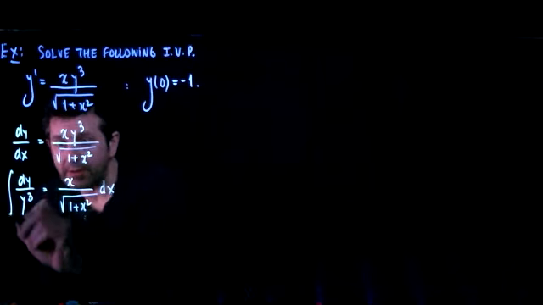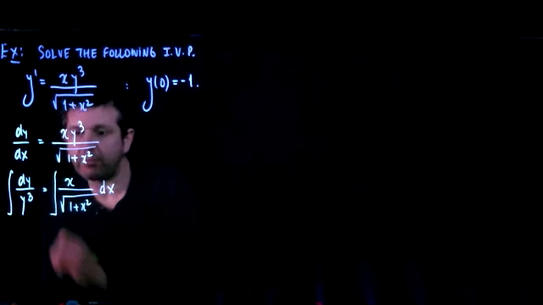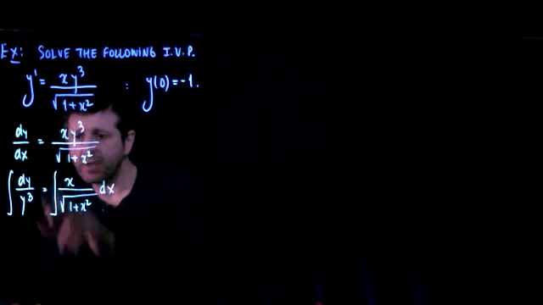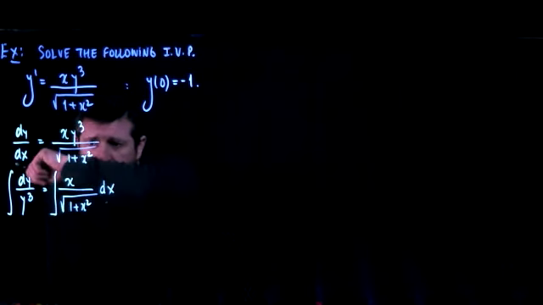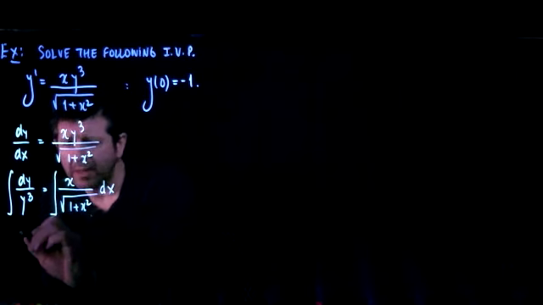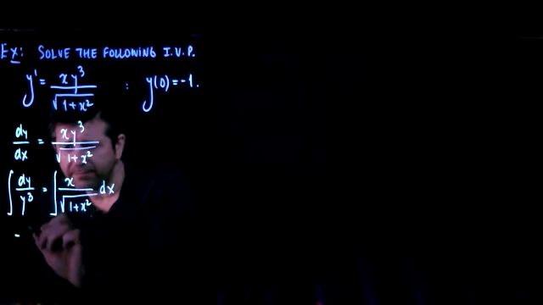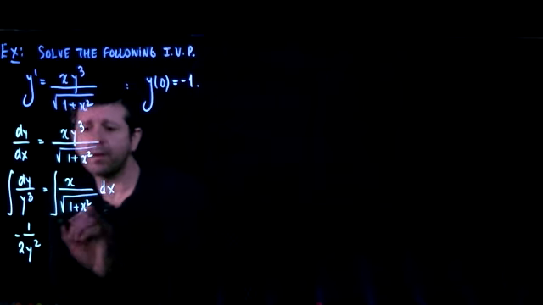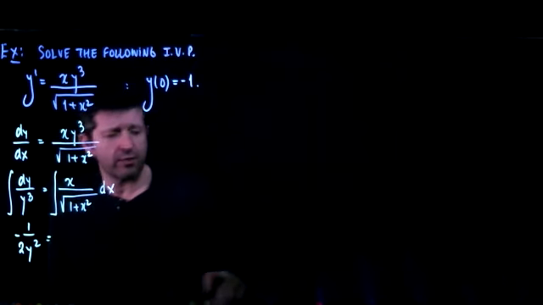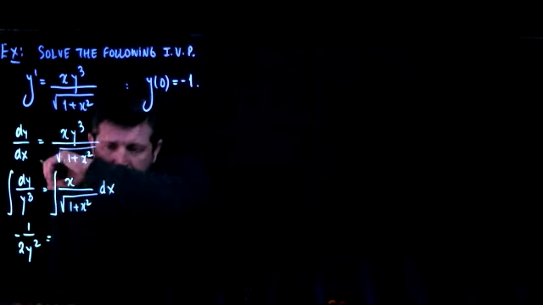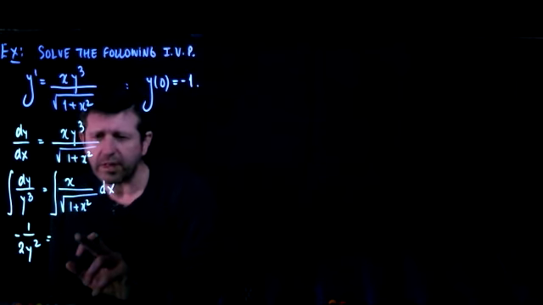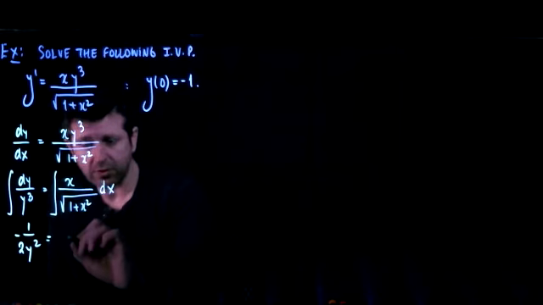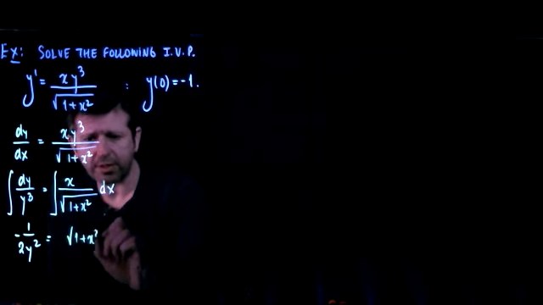And then, now it's separated, x and y are separated, I will do the integral. The antiderivative here is -1 over 2y^2 equals, and here if you do the antiderivative of this, you will get the square root of 1 plus x^2.